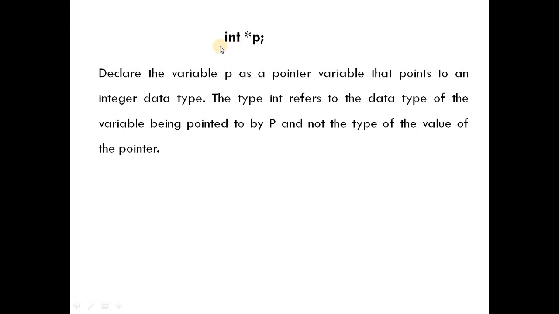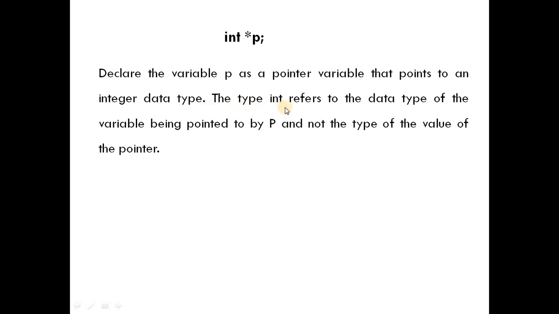Now we have specified int over here. I have told you previously, this int is not the data type of this variable, but it is the data type to which p is going to point. So we say that p is an integer pointer. It declares the variable p as a pointer variable that points to an integer data type.